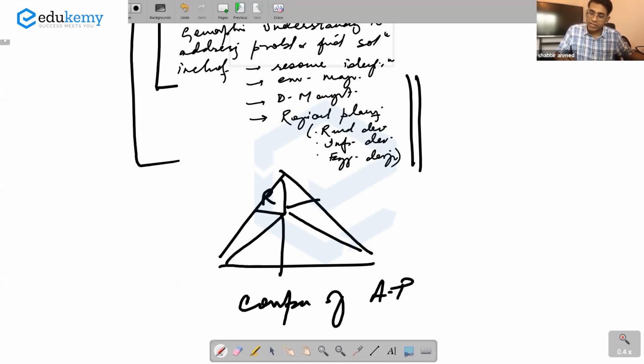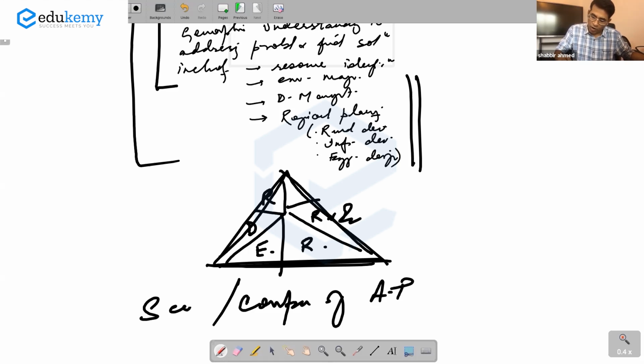Identification of resources, survey of disasters and the management, environmental management. We can talk about regional planning, say rural development and infrastructure. So you can add something of this kind. Write down a few words on the components or the scope of applied geomorphology.